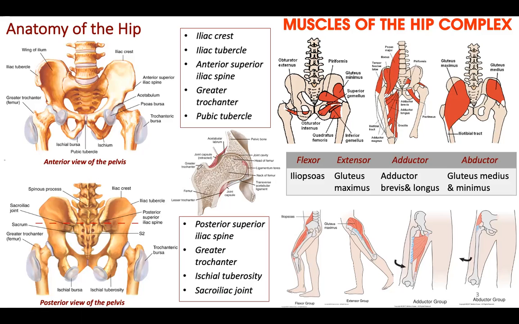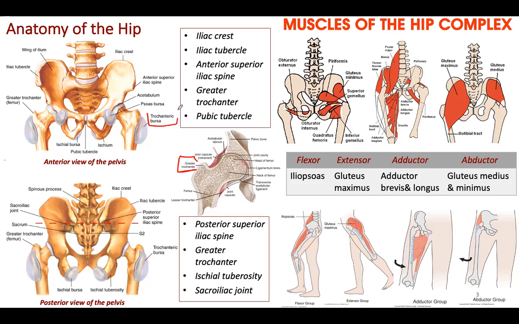And this greater trochanter, this projection on the upper lateral part of the femur, is covered by a bursa called the trochanteric bursa.